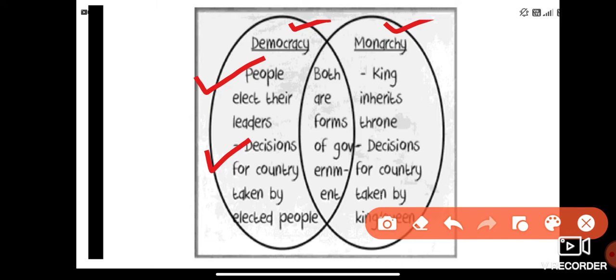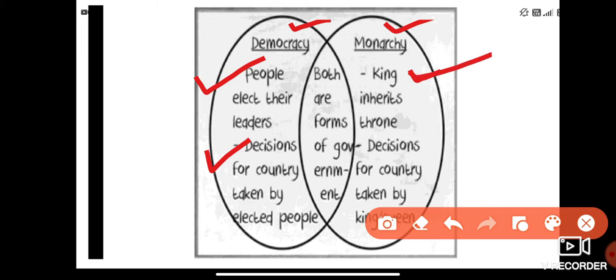Whenever decisions are to be taken for the country, they are taken by the elected people.